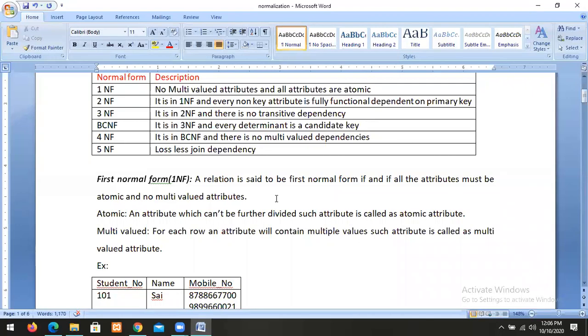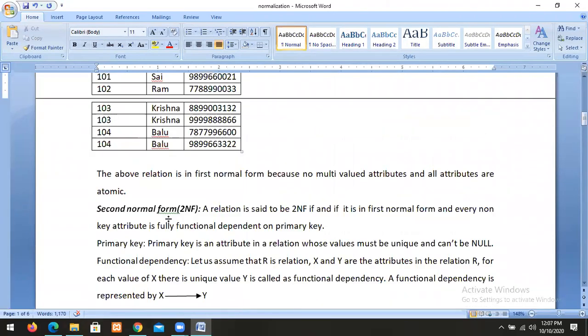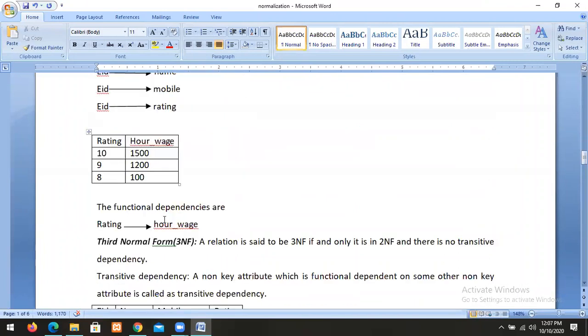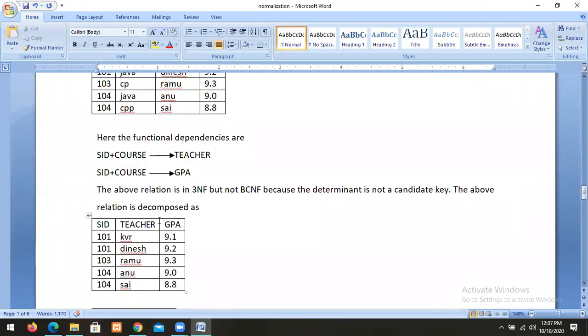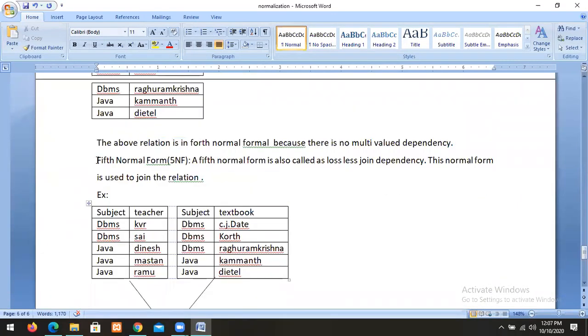Then we have BCNF, where every determinant is a candidate key. That we call BCNF. When there are no multi-valued dependencies, that is called fourth normal form. Fifth normal form is lossless join dependency. Like this, we have the different normal forms, up to five normal forms.